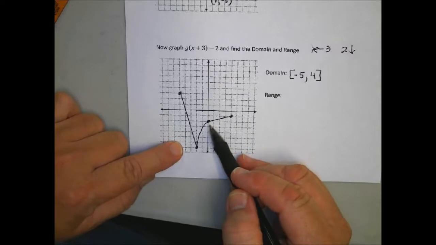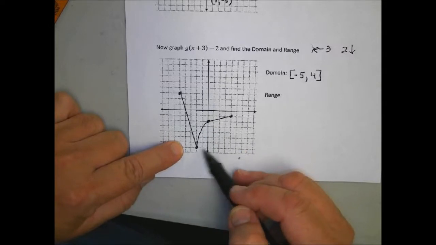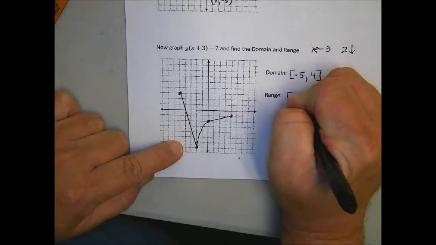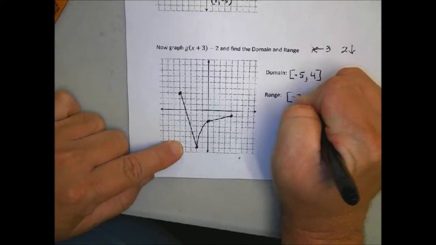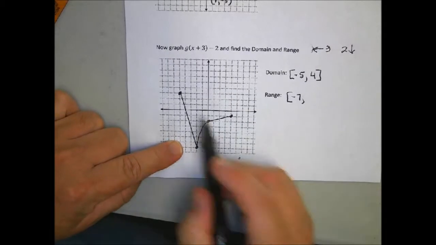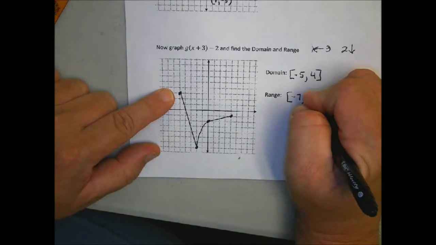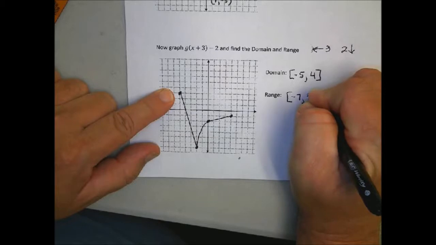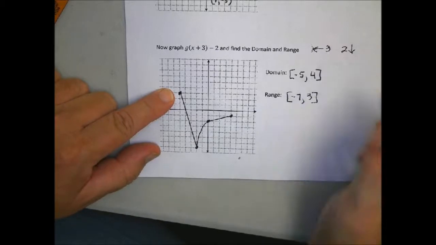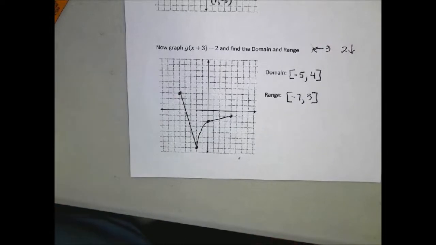Negative 1, 2, 3, 4, 5, 6, 7. And what's the highest point? Right up there, 1, 2, 3. And that takes you to the end of worksheet 4.